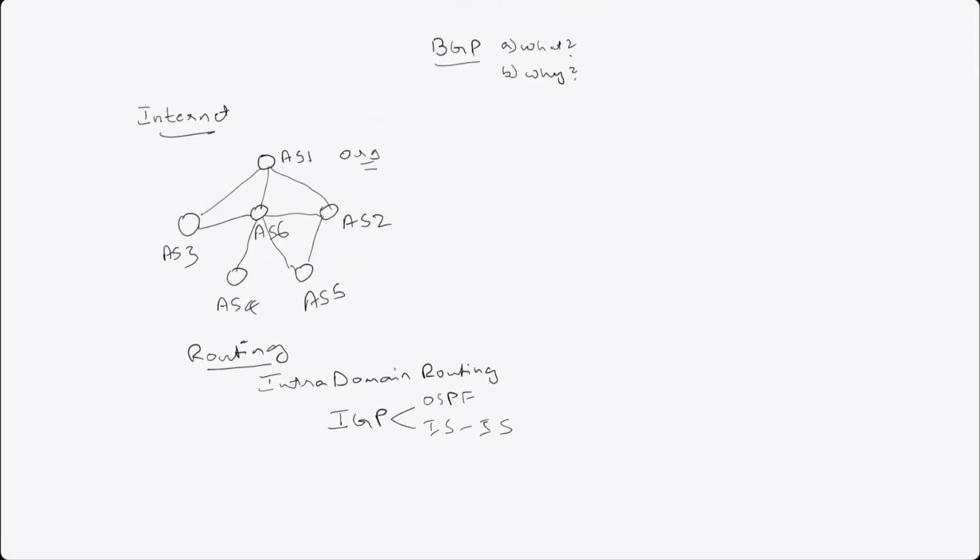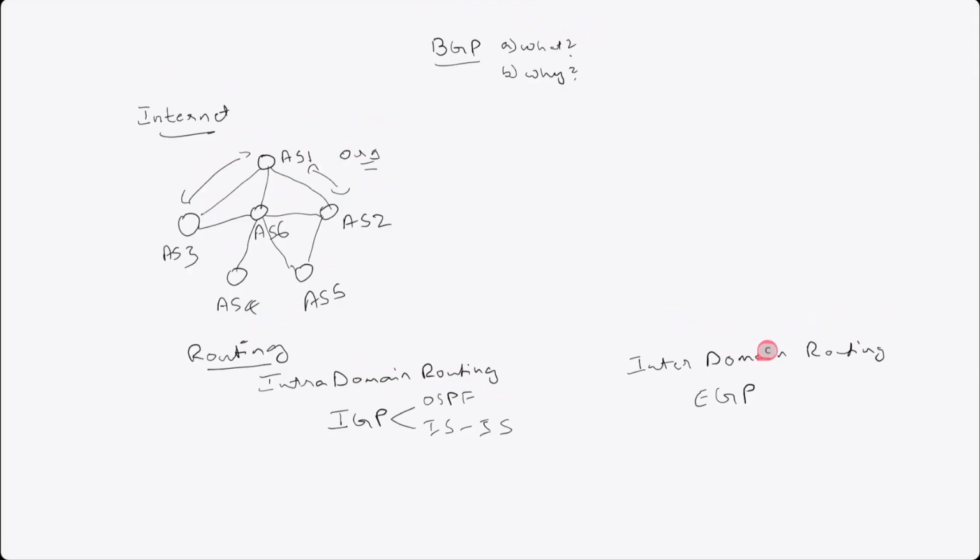Conversely, the routing that happens between ASes is called inter-domain routing. And the protocol we use to route the packets between ASes, let's say we want to route between this AS and this AS, is called an exterior gateway protocol.